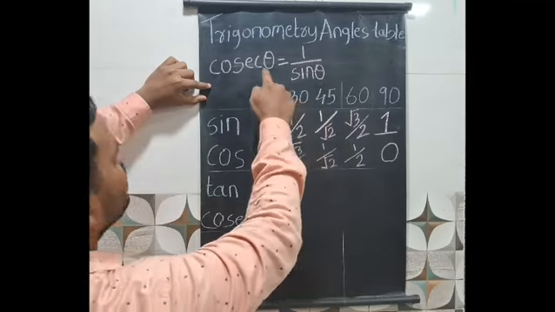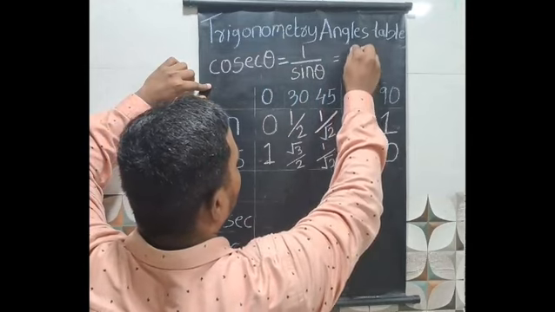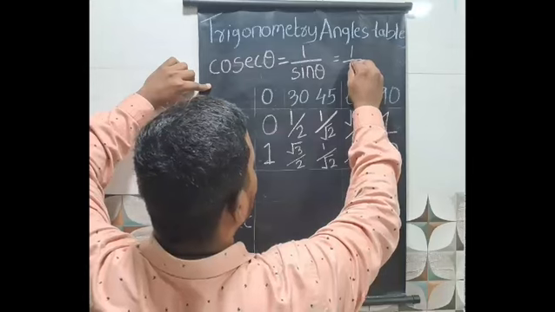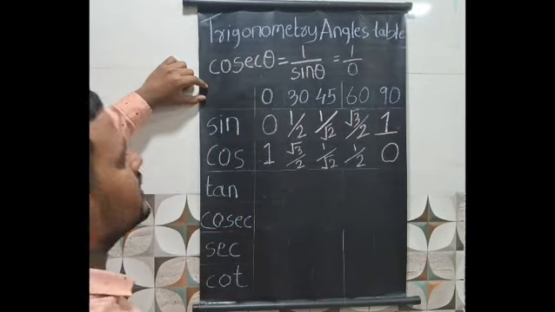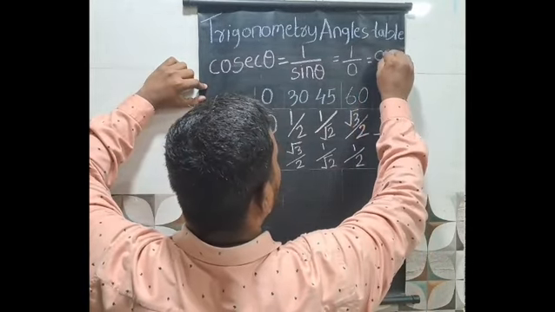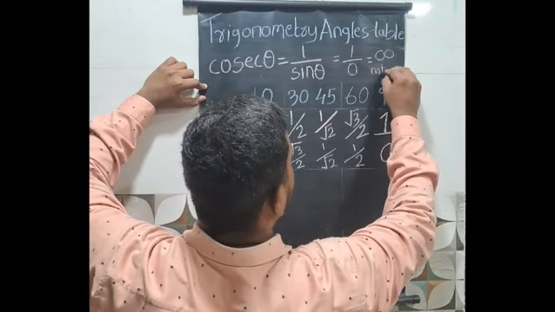Cosec 0 is equal to 1 upon sine 0. Sine 0 is 0, so we write 1 upon 0, which is not defined, or we can say infinity. Either infinity or not defined.